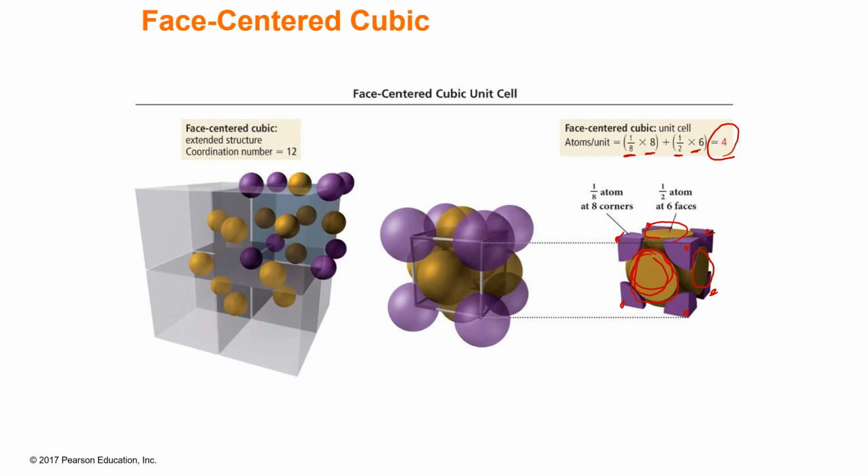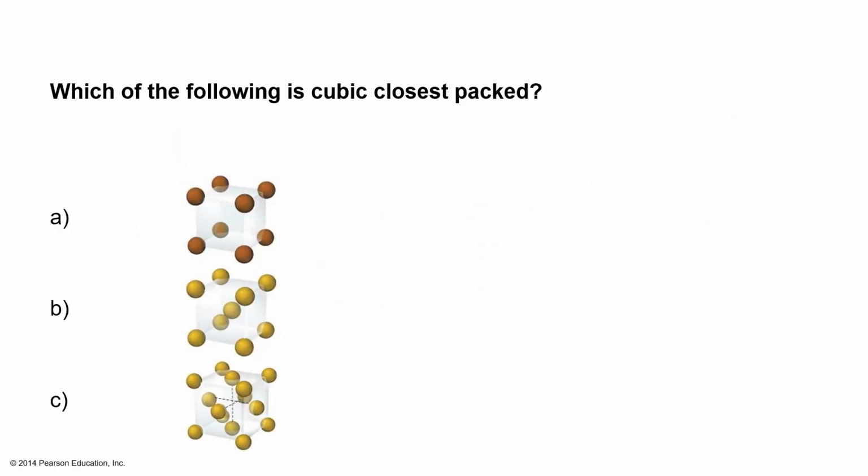And if we look at our coordination number, now each of those atoms is touching 12 other atoms. So here's a practice for you. Try to decide which of the following is the closest packed for our cubic unit cell.